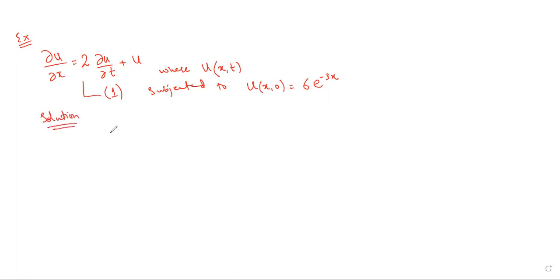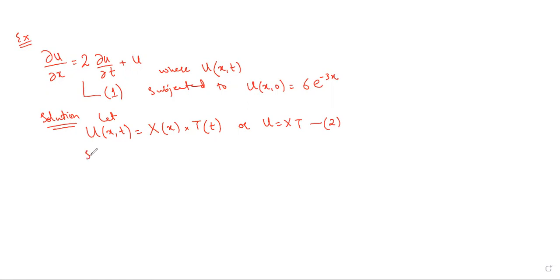What was step number one? We have to consider this u, that is a function of x and t, as a product of two functions, a single valued function of x, that is multiplied by a function of t. In simple words, you can say u is basically equal to X into T. So let's suppose this is equation number two.